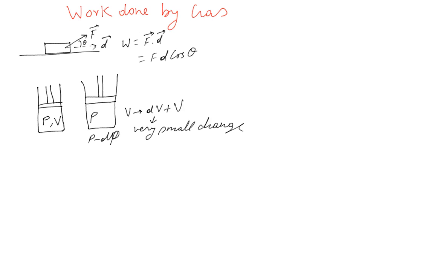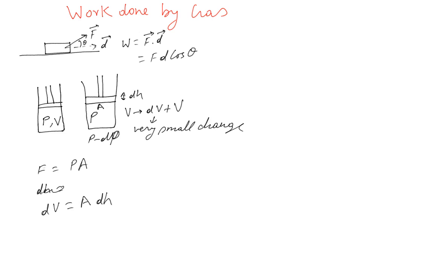So we can use the same formula here. If we call A the area of the piston, we know that force is going to be P times A. The change in volume dV equals A, the area of the piston, times the change in height of the piston dH.